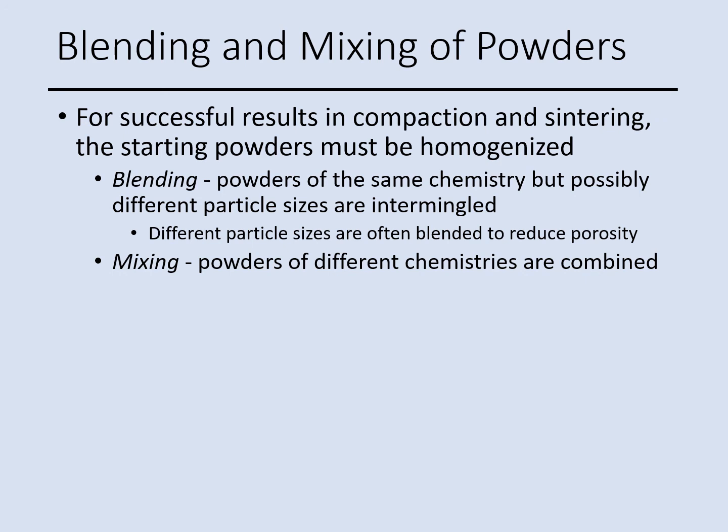The sizes should be different, because if the sizes are different, you have a reduction in the porosity. We can mix different materials, different powders, different chemistry, and that is called mixing. It's not blending anymore.